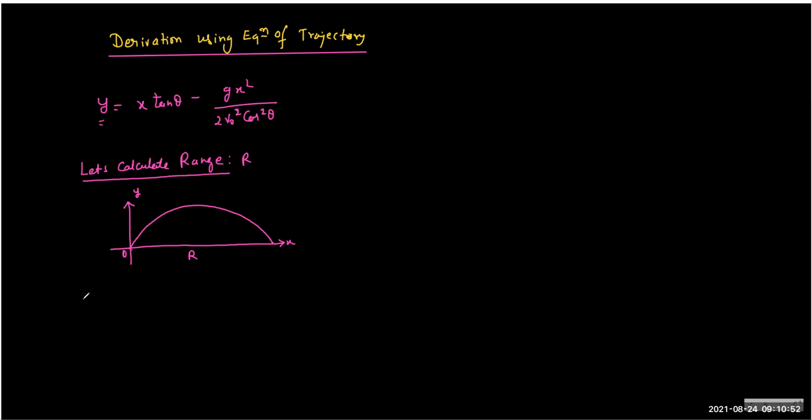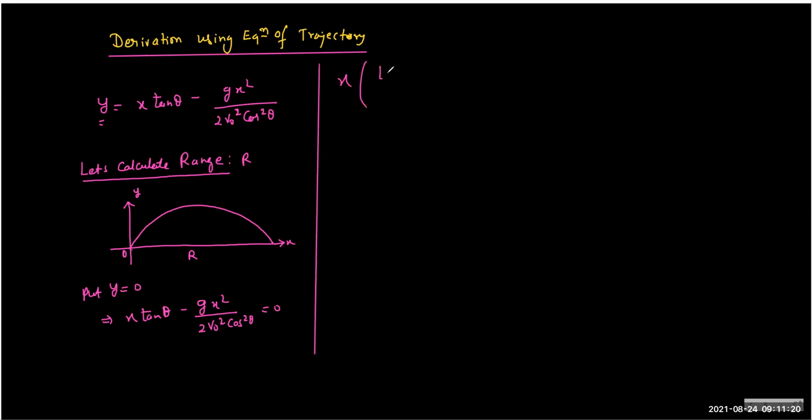If you substitute y equals to 0, this implies x tan theta minus g x square upon 2 v naught square cos square theta equals 0, and we can take x common, so it's x into tan theta minus gx upon 2 v naught square cos square theta.